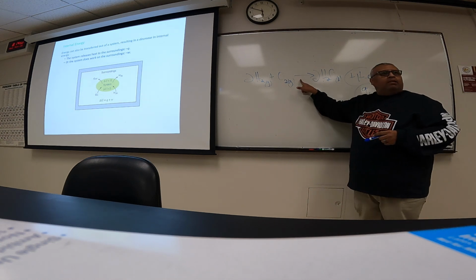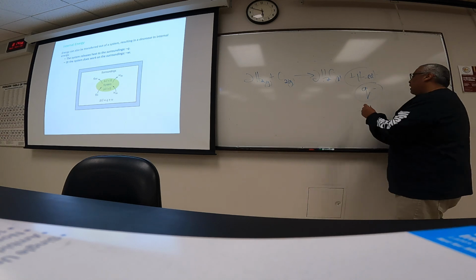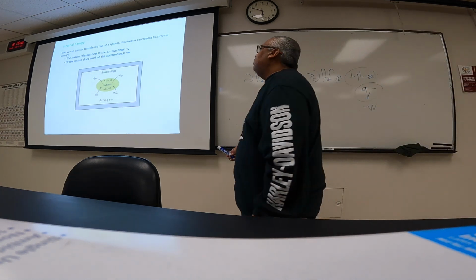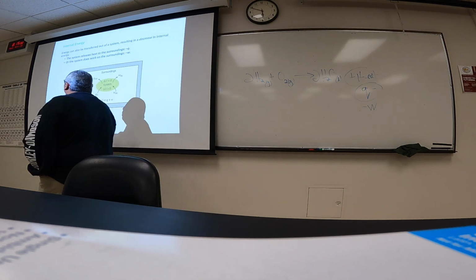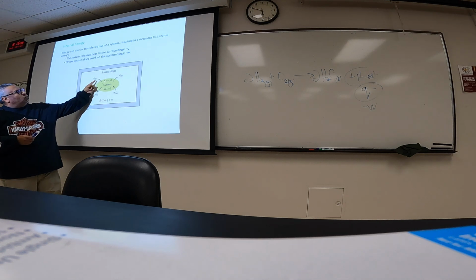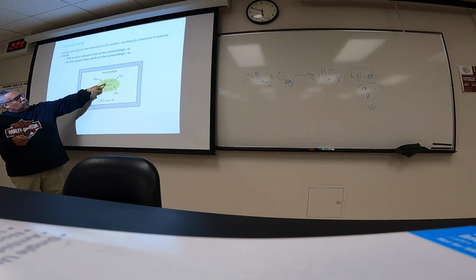Anytime that the system does work on its surroundings, that is also some negative value. So both work, the system doing work on the surroundings or the system releasing heat to the surroundings, and we get some negative W.